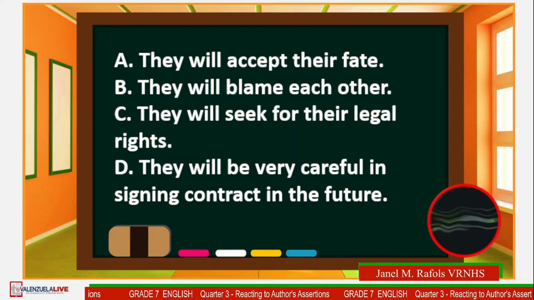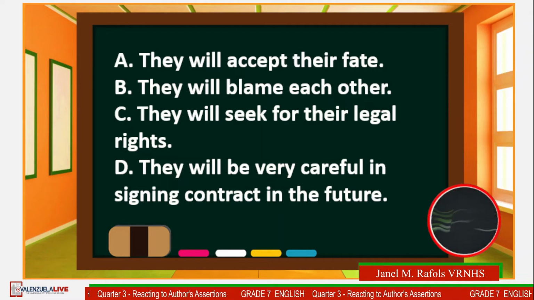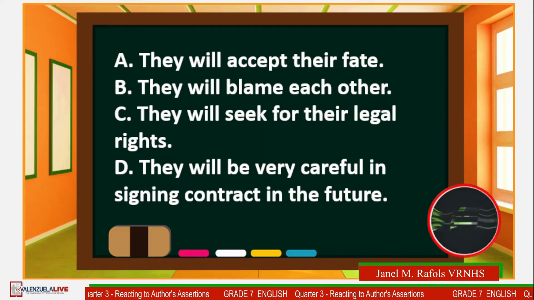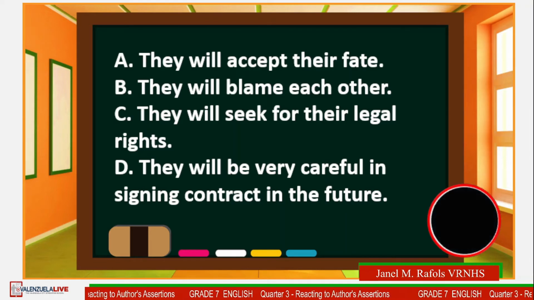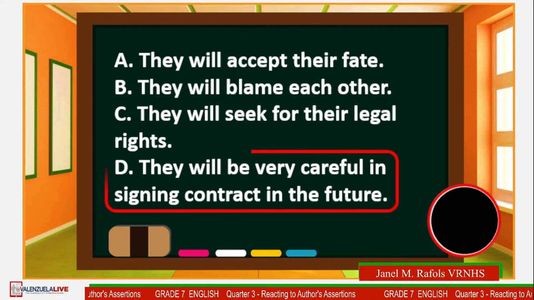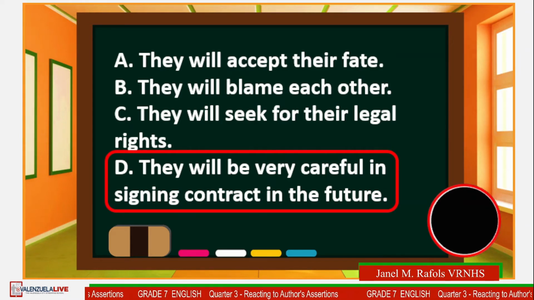B. They will blame each other. C. They will seek for the legal rights. Or D. They will be very careful in signing contract in the future. The prediction for number 7 is D. They will be very careful in signing contract in the future.